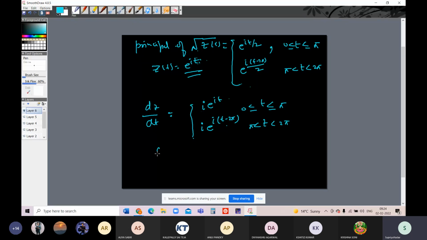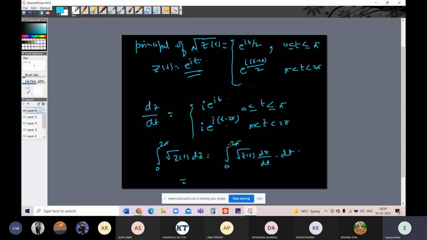Okay, so we have to integrate from 0 to 2 pi square root of z(t) dz. This can also be written as integral from 0 to 2 pi square root of z(t) dz by dt into dt.